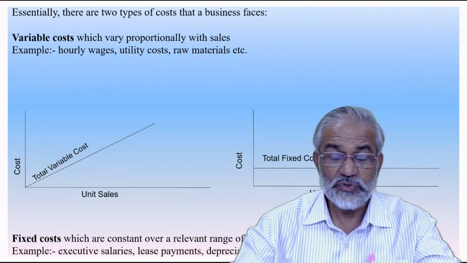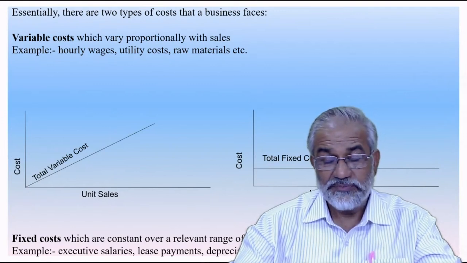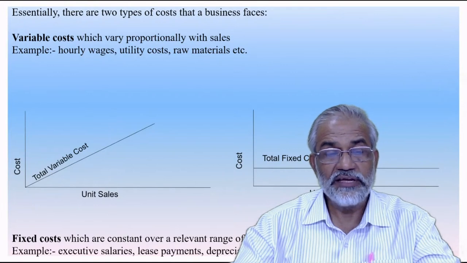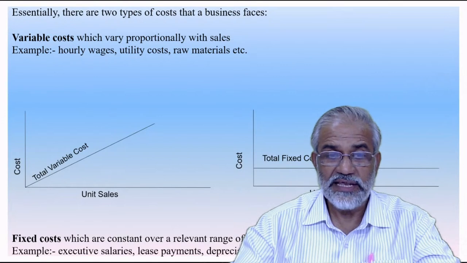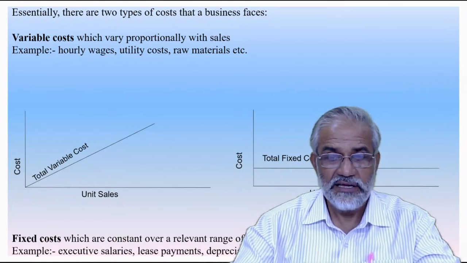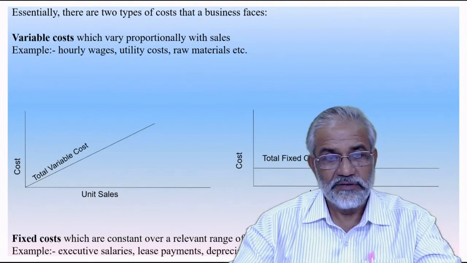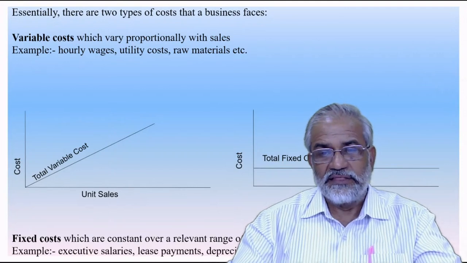If one unit is produced, it is 1; if we are producing second unit, then it would be 2. If we are producing third unit, it would be 3. Fourth unit, it would be 4. That's why it is always a rising trend. The line is completely visible. It is in a rising trend.